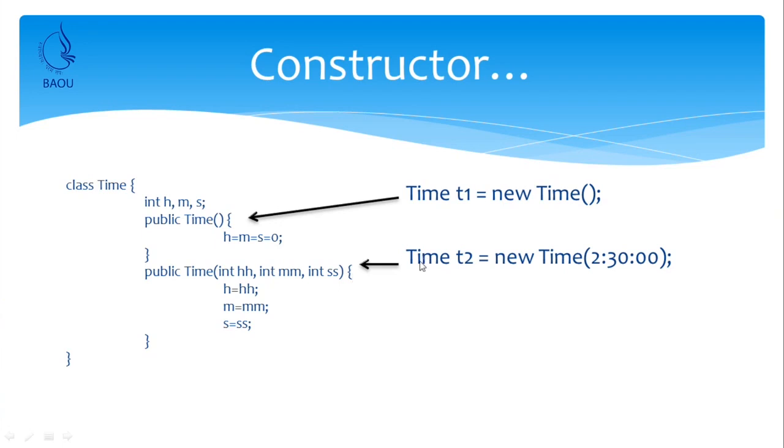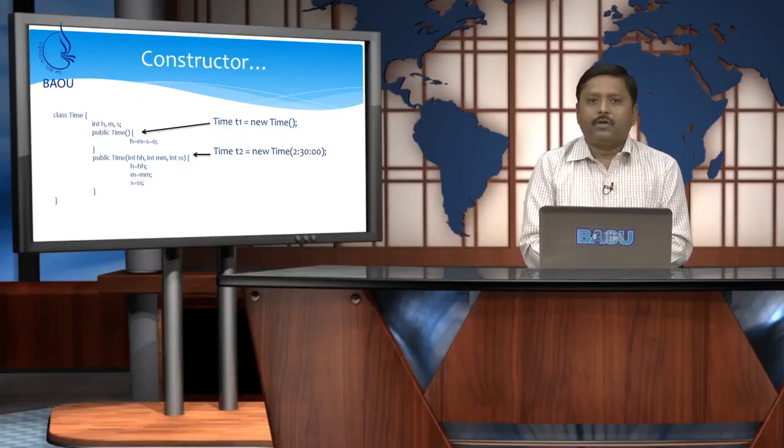So, I can write Time t2 is equal to new Time, and here instead of colon we have to use comma. So, that is a mistake. I can write 2 comma 30 comma 0. So, it will initialize hour to 2, minutes to 30 and second to 0. So, this is how we can define a constructor.